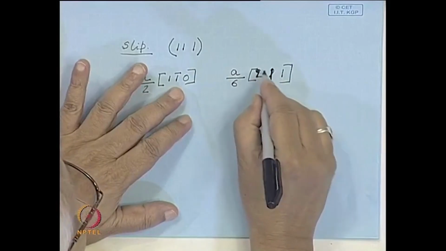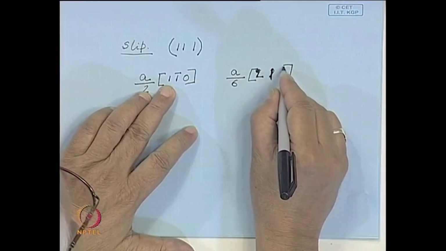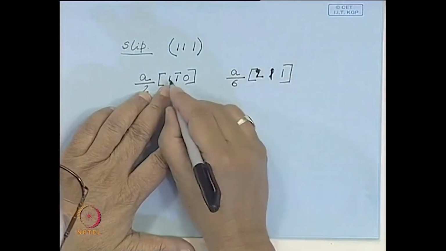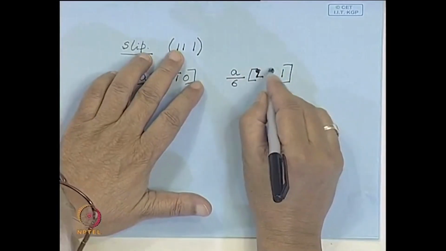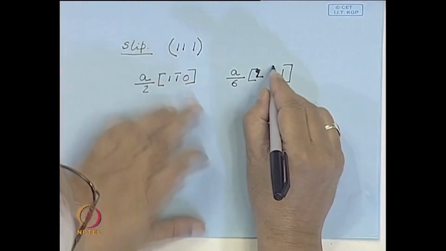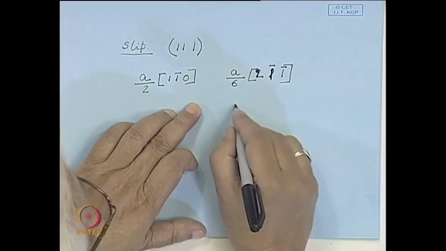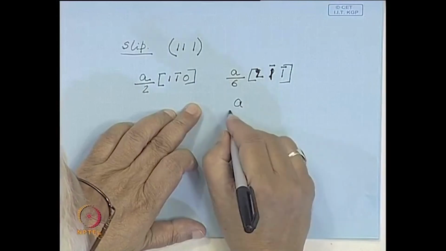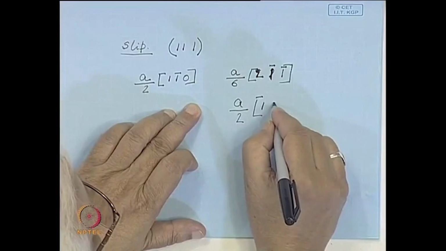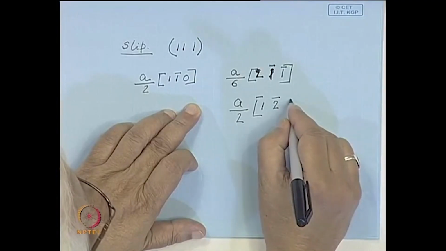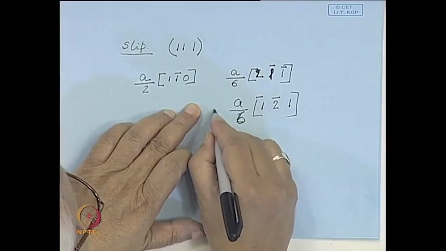This is [2 1 1]. But it has to be [2 1 1], it must lie on this plane. So you have to do it like this, we make this another a/6 [1 2 bar 1], this also we say a/6.